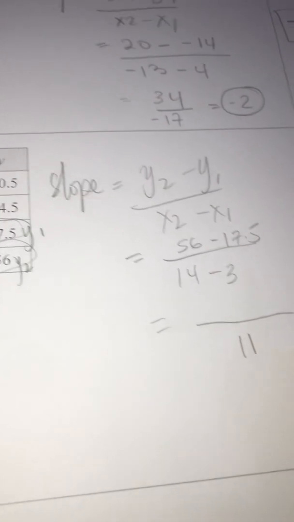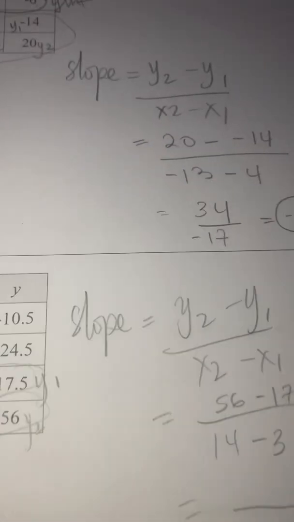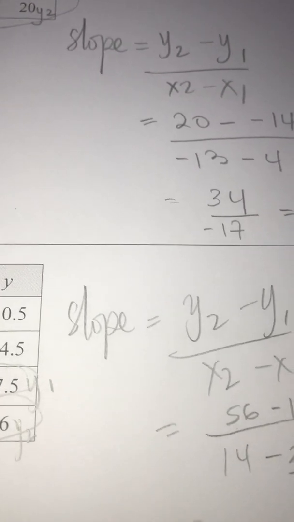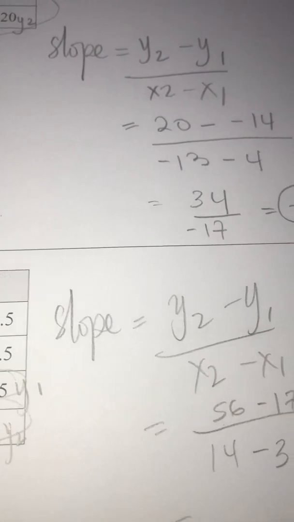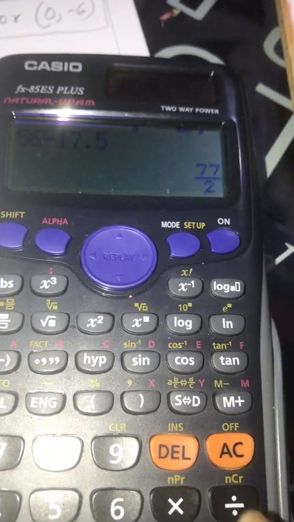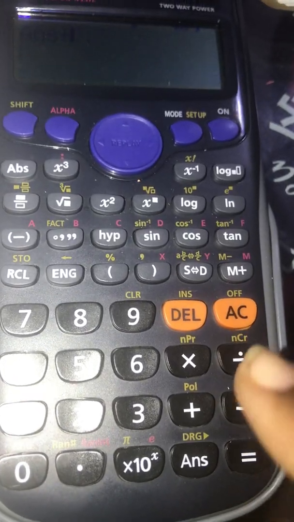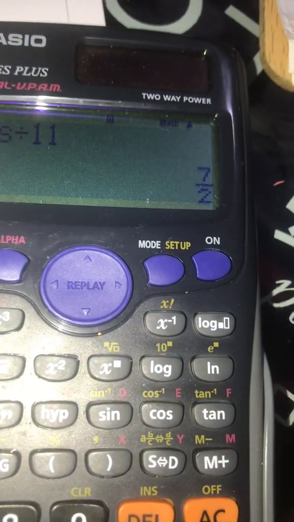56 minus 17.5 is 38.5. 38.5 divided by 11 is 7 over 2.